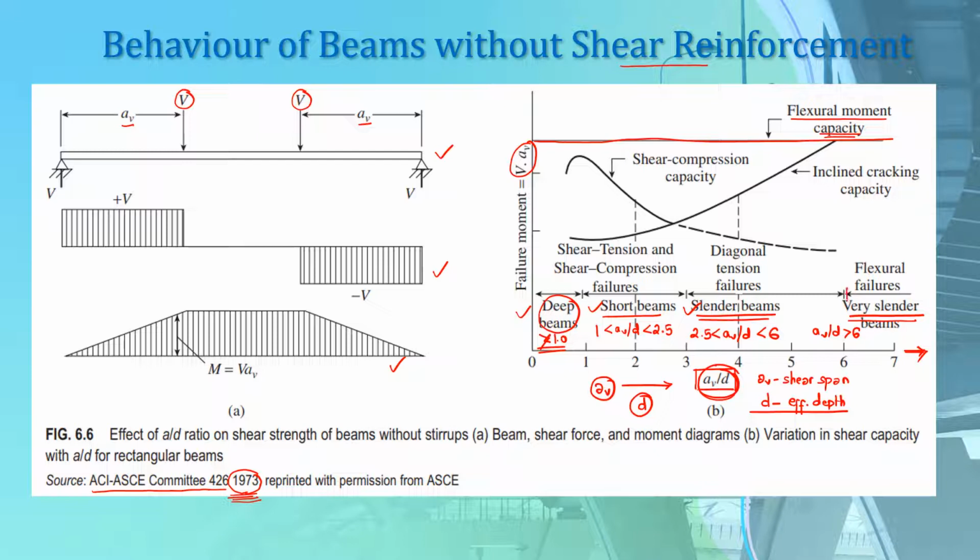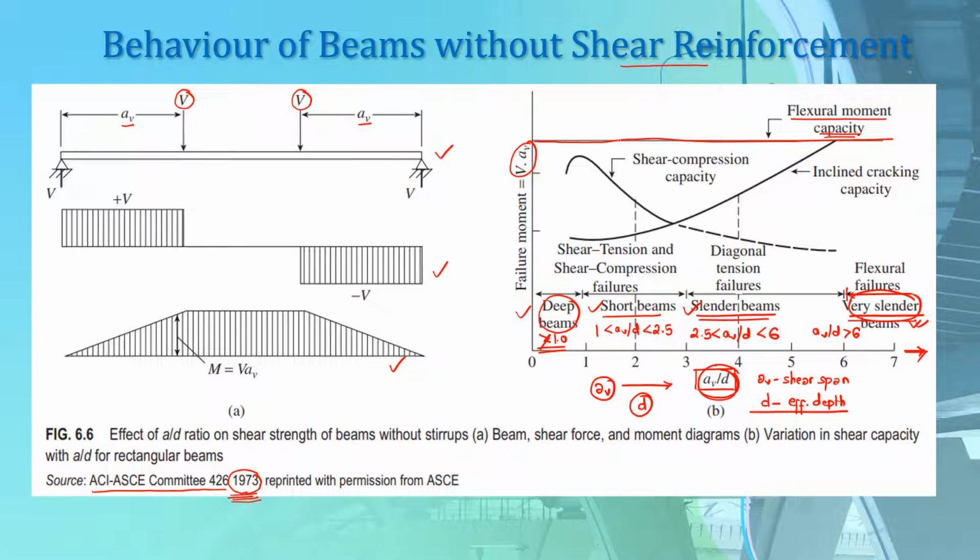Whereas the very slender beams reach their maximum flexural moment capacity first, and there is no chance for them to fail in shear.